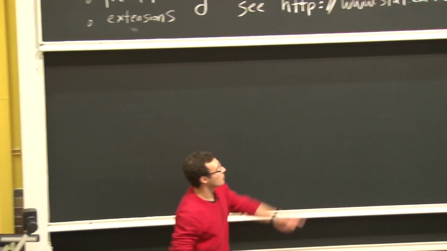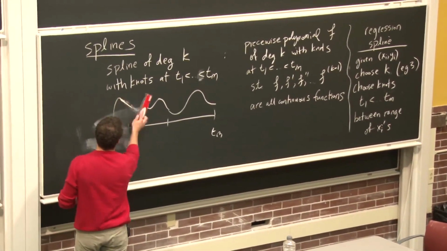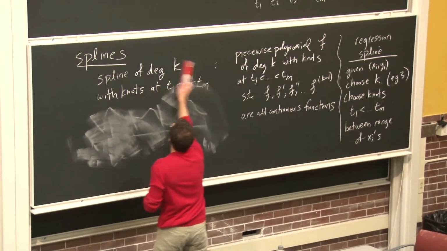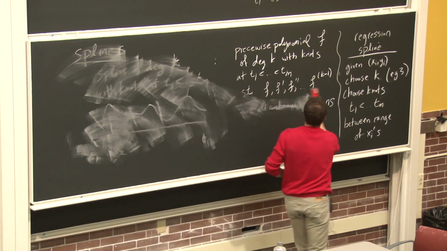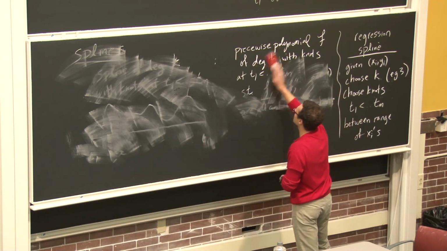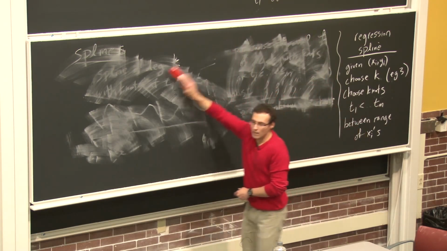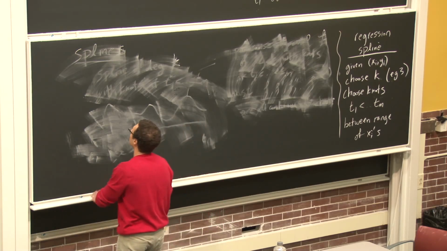So I just evaluate those basis functions at all of my data points. That's just some computation I have to do in whatever my favorite programming language is. And then I'm going to solve a standard least squares regression of y on these basis functions in order to determine the coefficients.